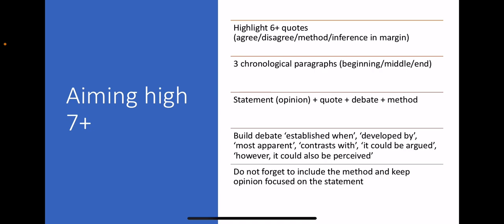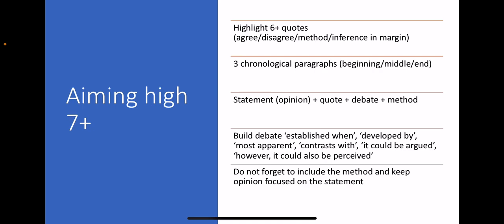So you're using very specific moments in the text to support your answers. You're showing that you understand that this is being constructed by the writer. And you're also using that tentative language to show your interpretation or alternative interpretations.